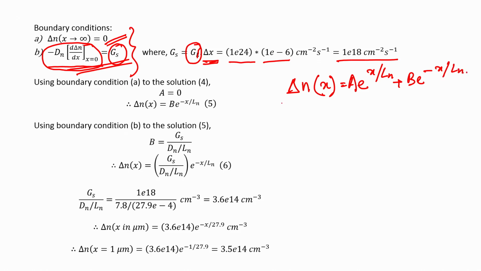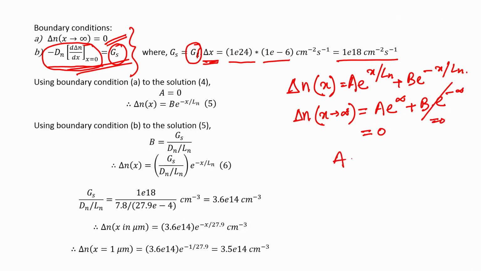So, first plug in the first boundary condition, del n x tends to infinity, that is equal to A e to the power infinity plus B into e to the power minus infinity, and this is equal to 0 according to the boundary condition. Now, this second term goes down to 0.